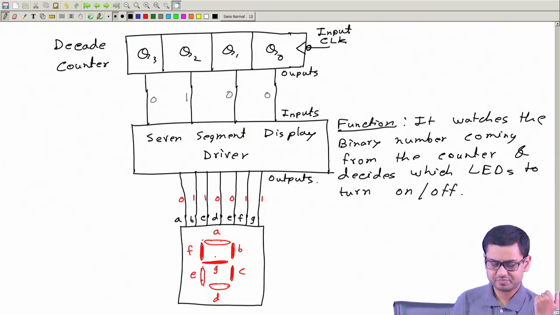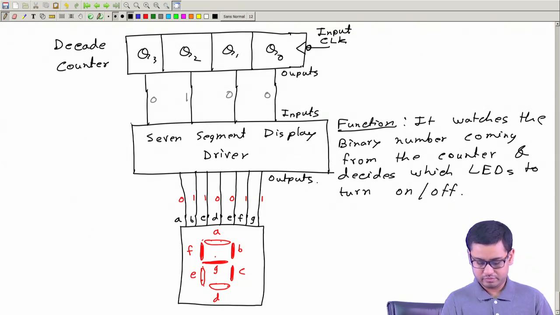This is its function. So how will it work? This is nothing but a logical circuit. This is just a digital logic circuit made up of AND or NOR gates, and so on, nothing else.